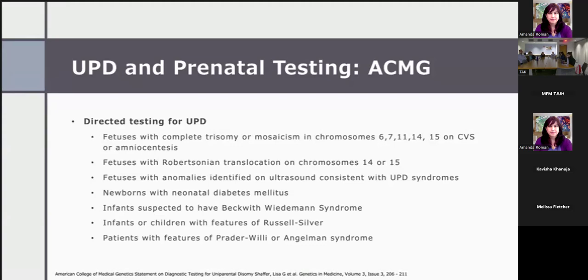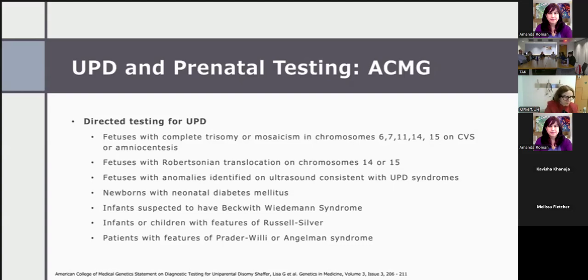They haven't included 20 in the official guidelines, although more and more case reports have been saying to include 20. Again, these are the updated guidelines from 2020. Chromosomes 6, 7, 11, 14, and 15 are the ones that have known disease manifestations.